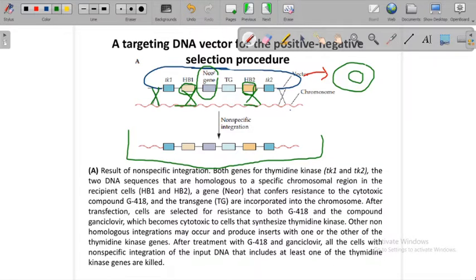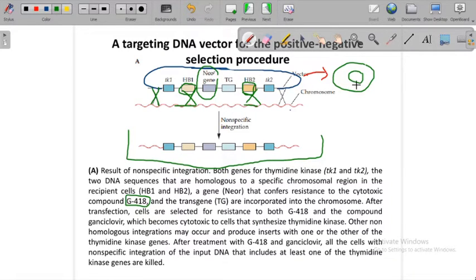If there is an integration of the neomycin resistance gene, these cells are resistant to the cytotoxic compound known as G418. So that's why the neomycin resistance gene is very important.